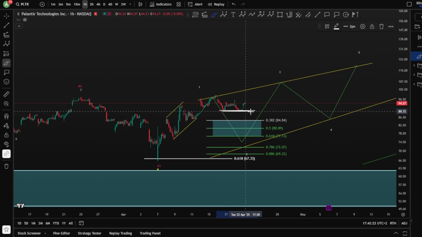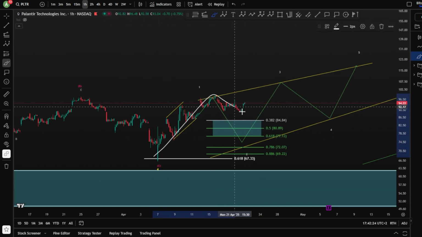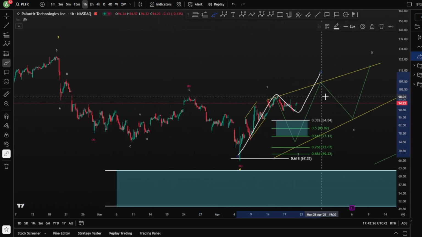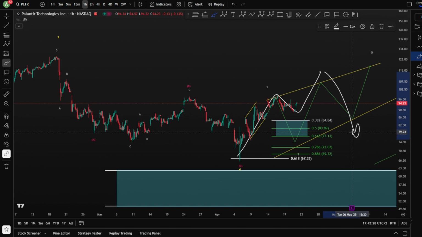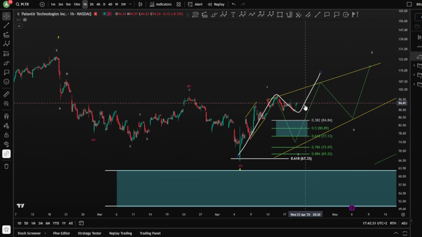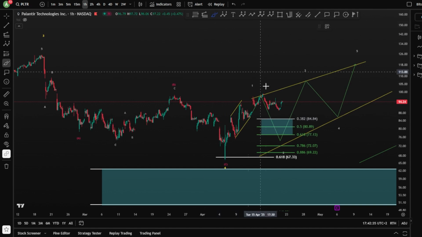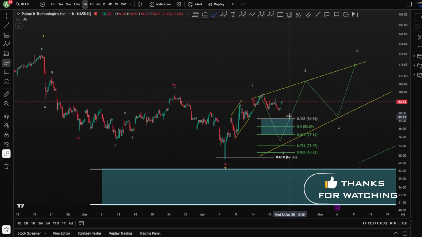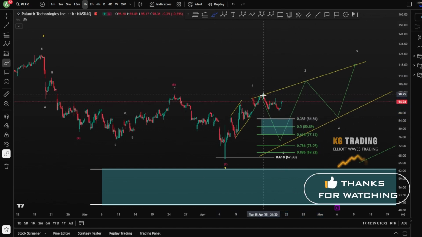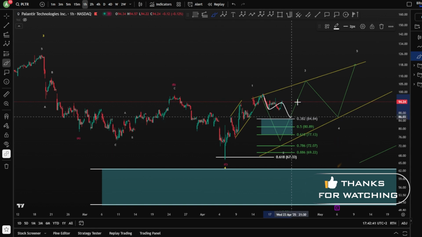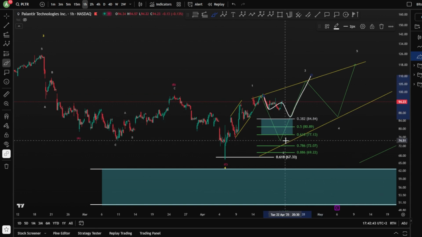Otherwise, this is going to be considered so far a wave B, as an A, B, and a C corrective, and then a continuation toward the downside in this case. So we would like to see much more clarity for Palantir. We would like to see a 0.38 hit as A, B, and a C potentially, and then at least a move for a wave 3.